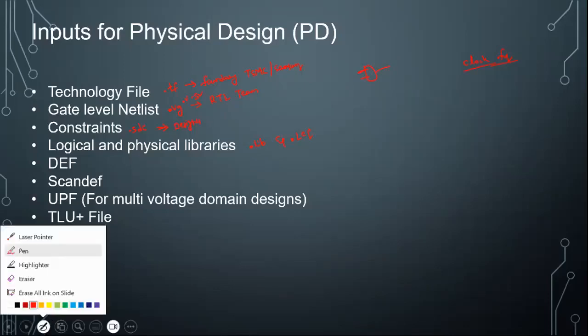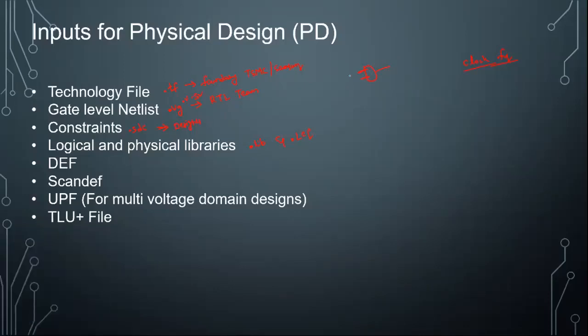I need to understand the delay from A, B to C. There is some delay from A to C, and there is a delay from B to C also. Not only for the AND gate, you can take a flop or any net. Those timing related information will be there in the .lib, which is timing information.